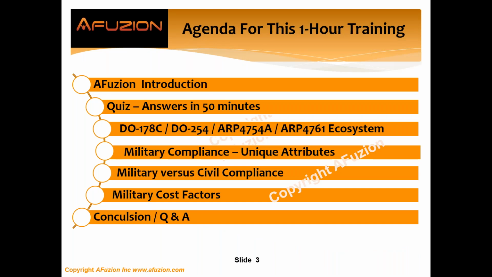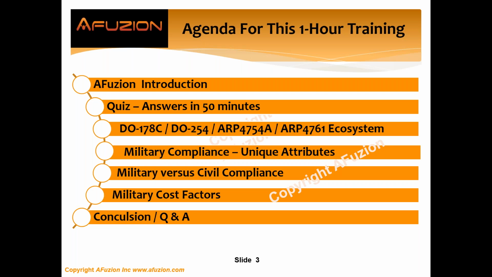So our agenda for this 1-hour training is to give you a brief condensation of what we train many of our clients. I think we have 15 or 17 ongoing military clients, several hundred in our history.